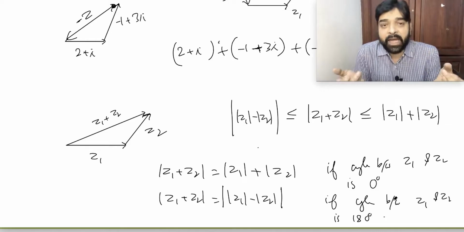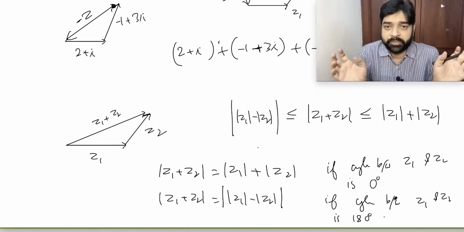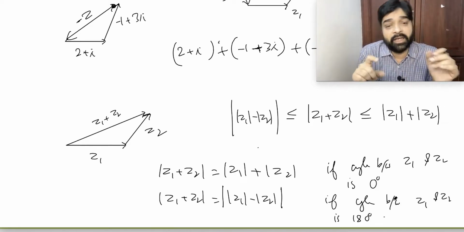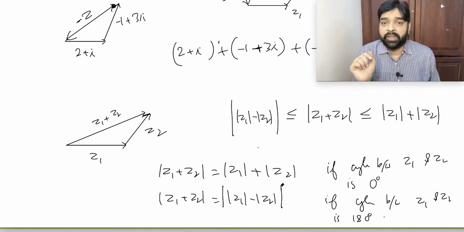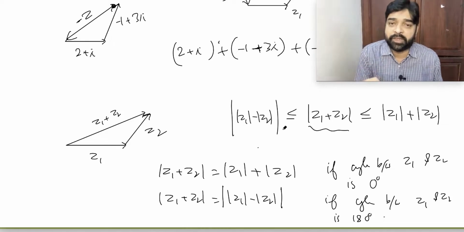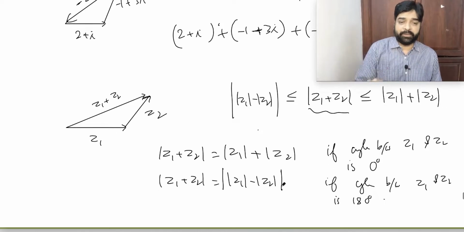If they are anti-parallel, mod of Z1 plus Z2 will be equal to mod Z1 minus mod Z2, whole mod. Understood? If they are neither parallel nor anti-parallel, surely the value of this will lie between these two. So the maximum value of this will be this much and the minimum value of this will be this much. Is it clear to everybody? This is a very, very important property which you should keep in mind.